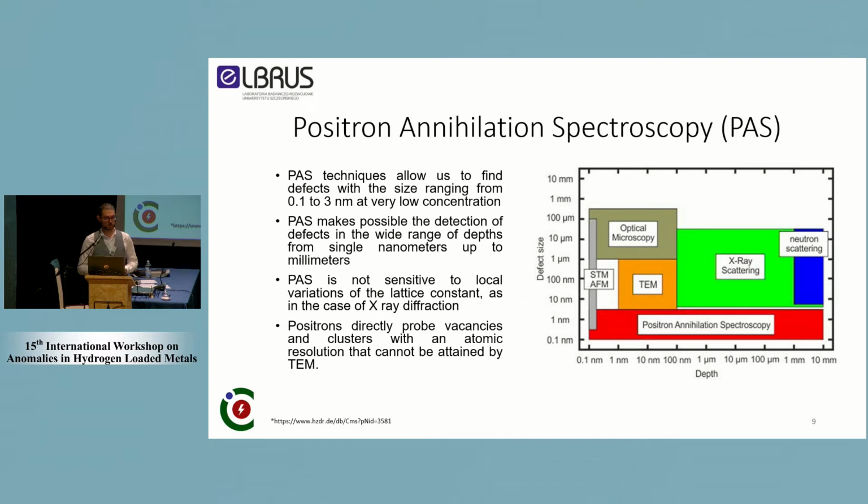It will give very useful information about what we do to the sample. It has also a downside, which is the limited defect detection size. But in our case, since we want to see how the reaction starts, it's not that problematic.